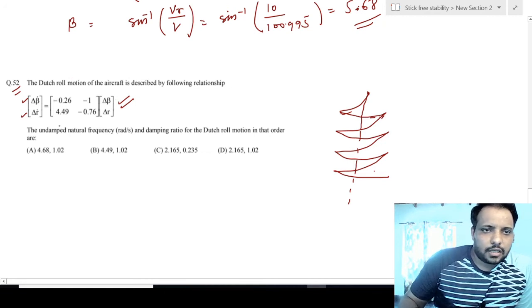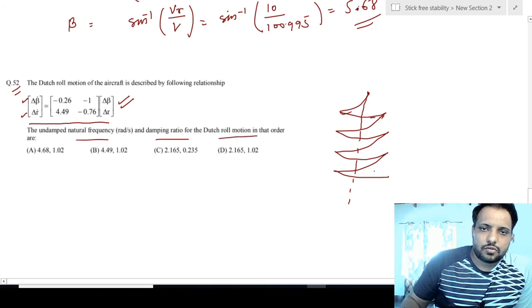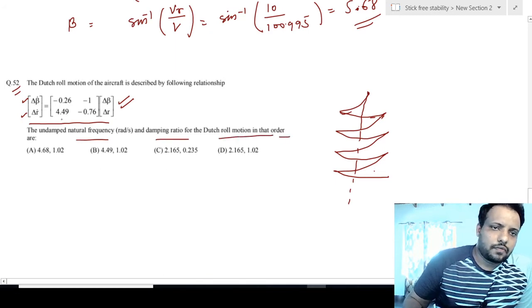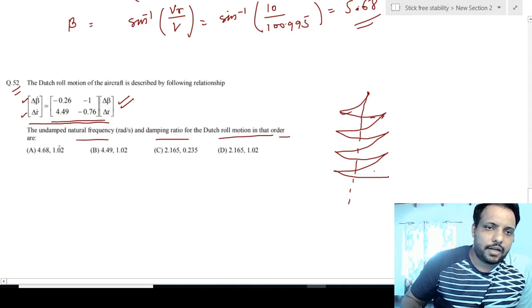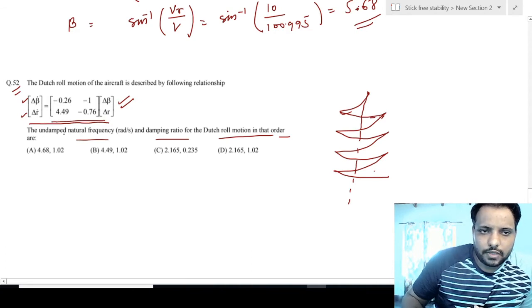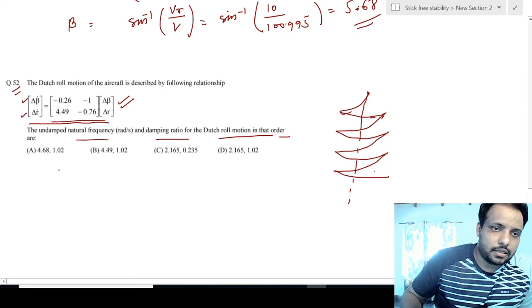So this is the equation given to us and we have to find out the undamped natural frequency and damping ratio for the Dutch roll motion in that order. So for that we have this matrix. First we have to find out the root, which is basically the natural frequency. To find out the root of any problem, we have to take the characteristic equation of that.